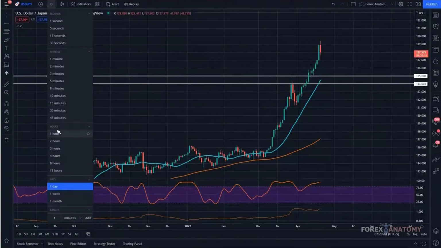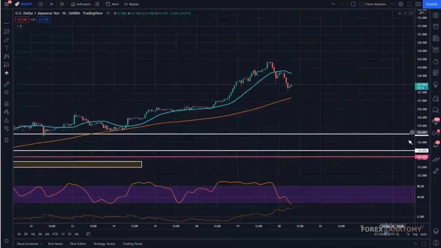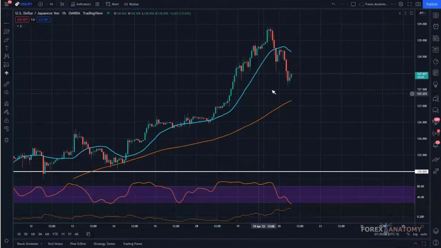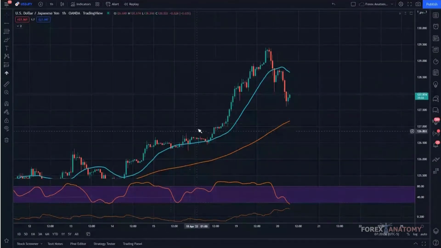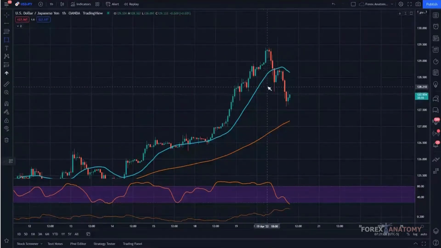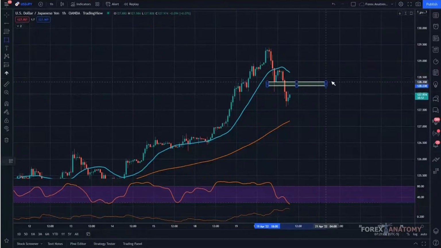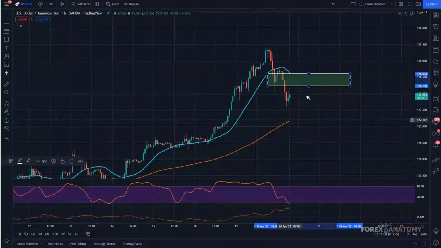So let's drop down to the 1 hour. On the 1 hour, we know that we have this bearish market environment, bearish price action, you could say. But we're going to wait for a few things. For starters, we're going to see how price responds around this key area right here.